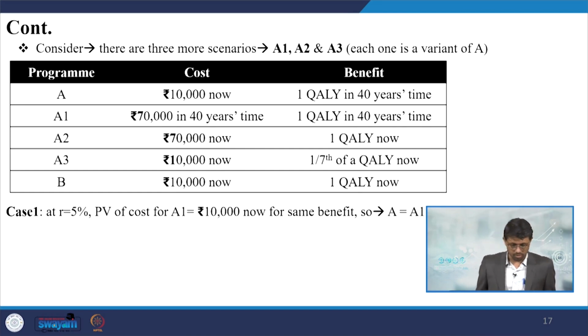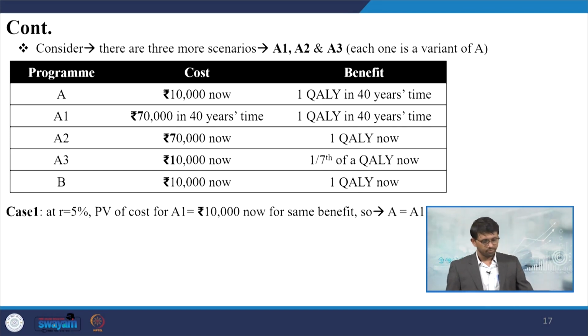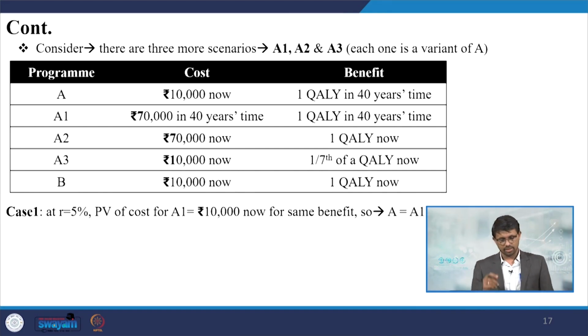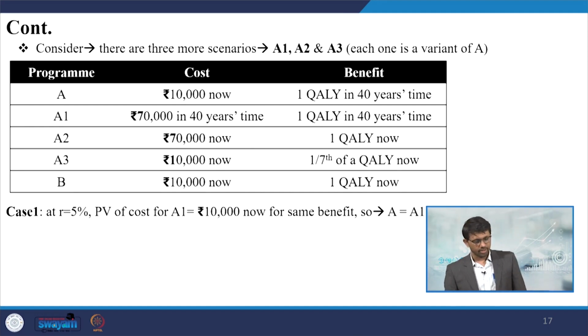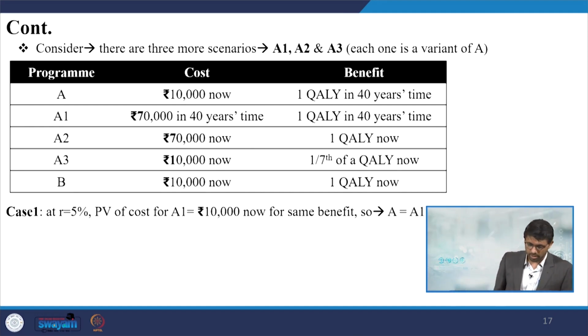The present value of the cost of A is, of course, since it is 40 years time, you can calculate accordingly. If it is 70,000 in 40 years time, so far as cost equivalent is concerned, then in fact the A1 with 5% discounting rate will be 10,000 rupees.